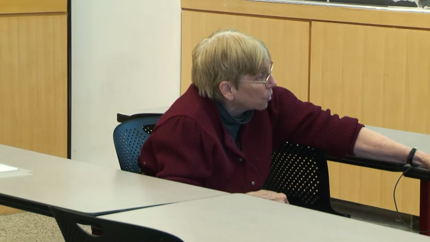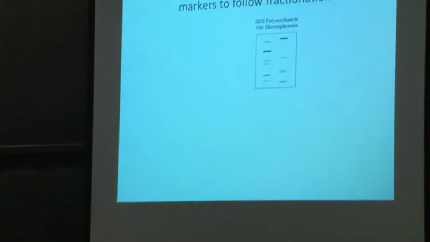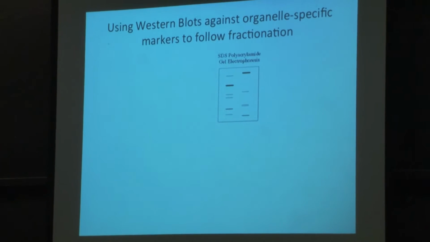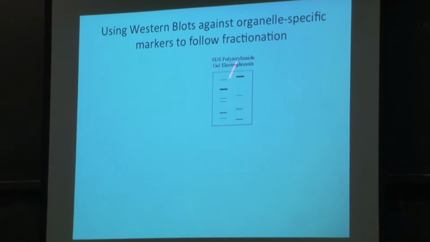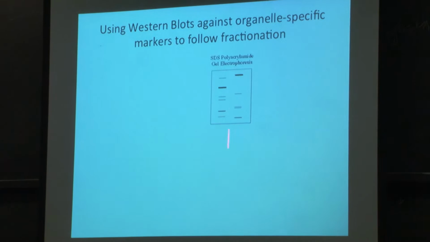And that's the end of it. You don't have to keep thinking about this over and over again. So the method we're going to use is a Western blot. Okay, so we got this stuff out, and have you all run SDS-PAGE gels? Okay, so SDS-PAGE gels separate proteins how?